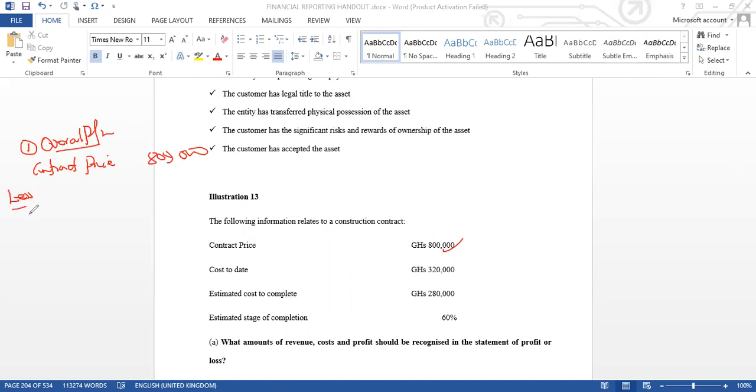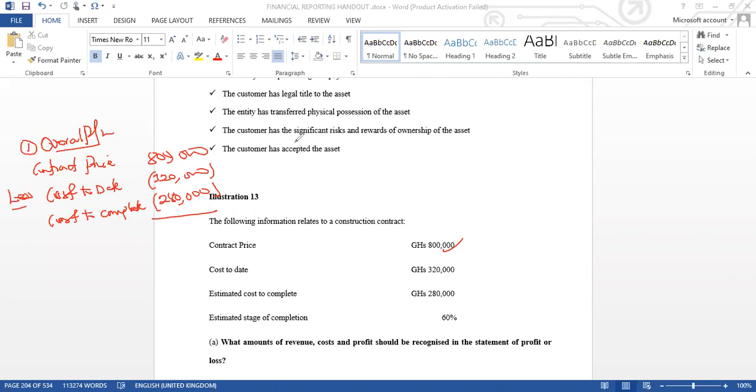The total cost being cost to date, which is 320, and you have estimated cost to complete, which is 280. Please start punching calculators. So we get our overall P&L.